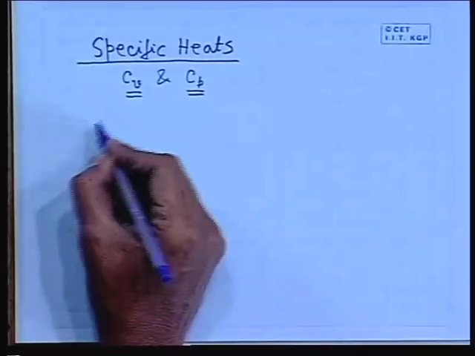Now we will define this in terms of the system properties rather than the path functions Q and W. How do you do it? Let us start the definition of specific heat.